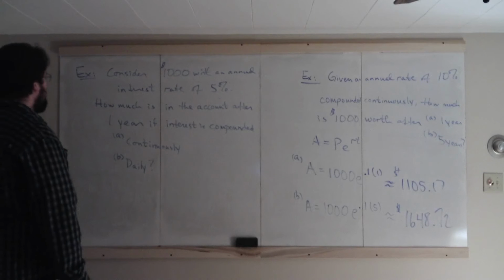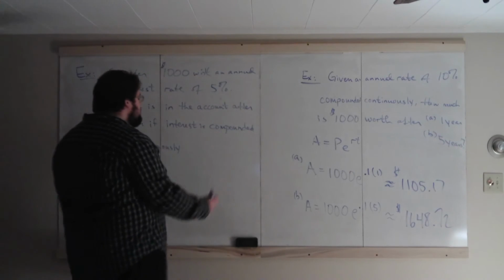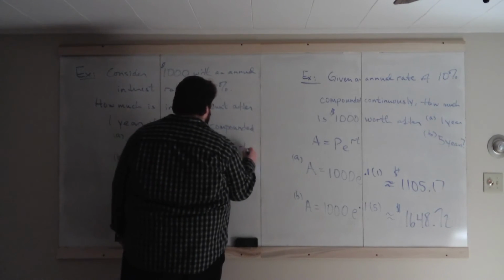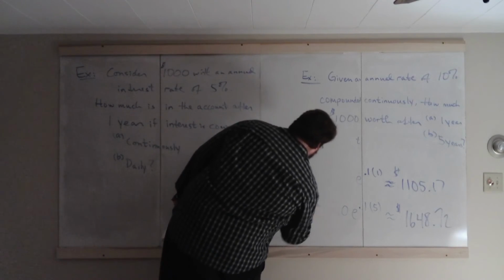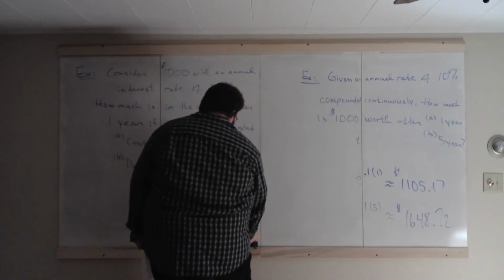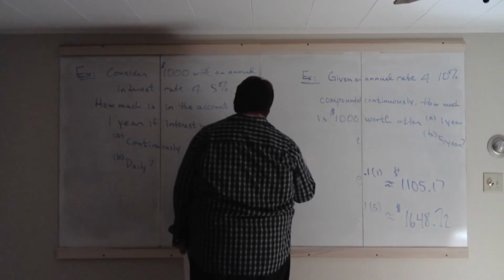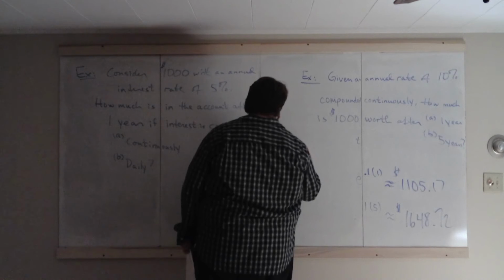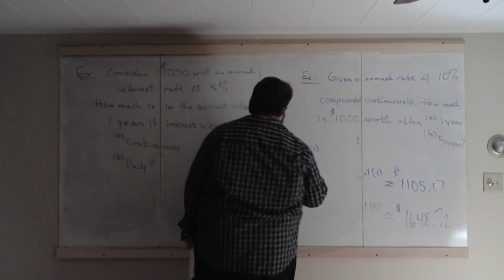How much is in the account after 1 year if the interest is compounded continuously? Well, again, we use A equals P e to the RT, which in this case is what? P is 1,000, e is e, r is 5%, 0.05, and t is 1 year.